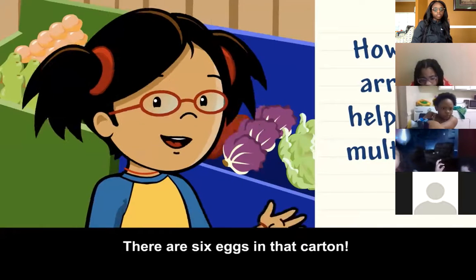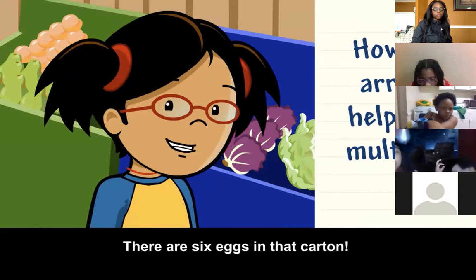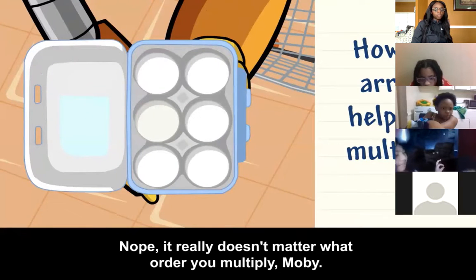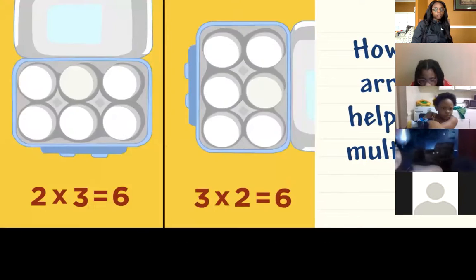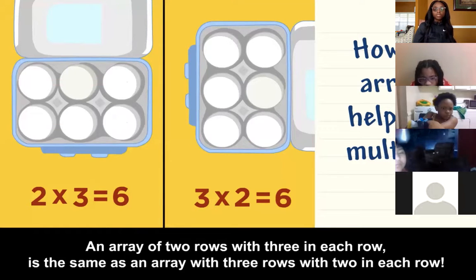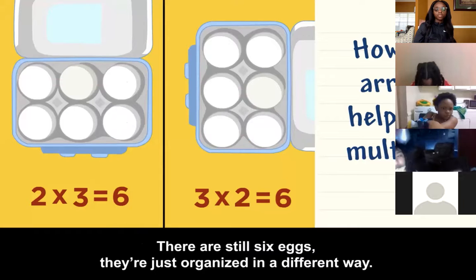There are 6 eggs in that carton. Nope, it really doesn't matter what order you multiply, Moby. An array of 2 rows with 3 in each row is the same as an array with 3 rows with 2 in each row. There are still 6 eggs. They're just organized in a different way.